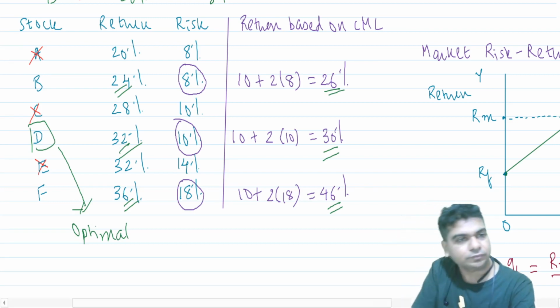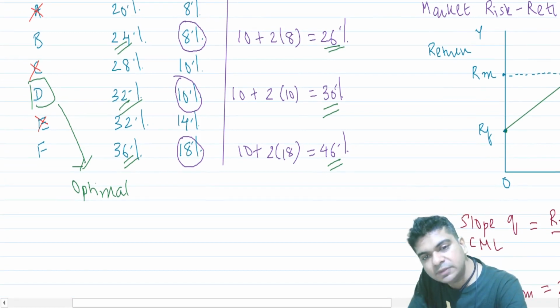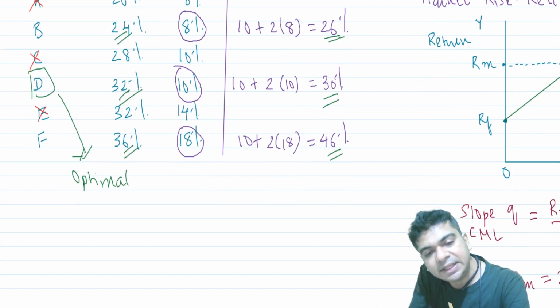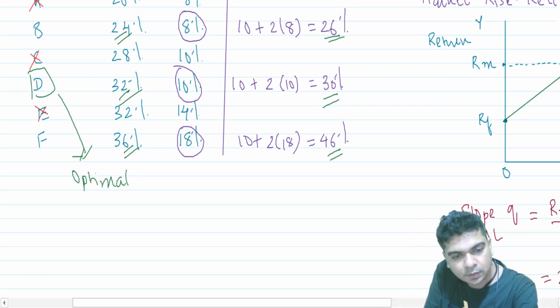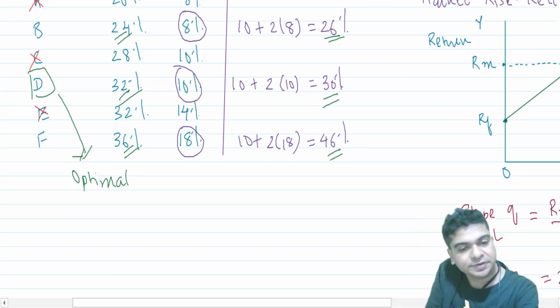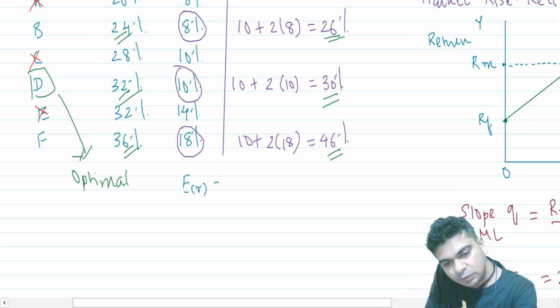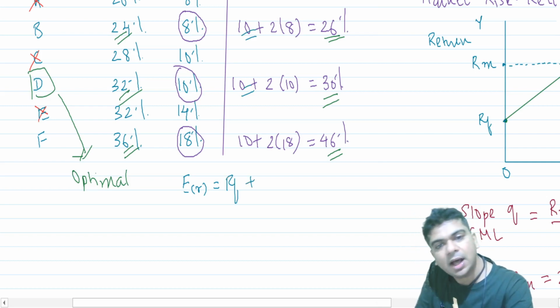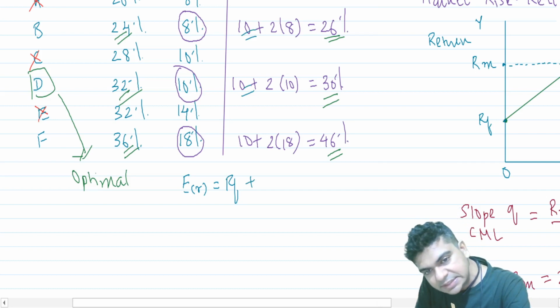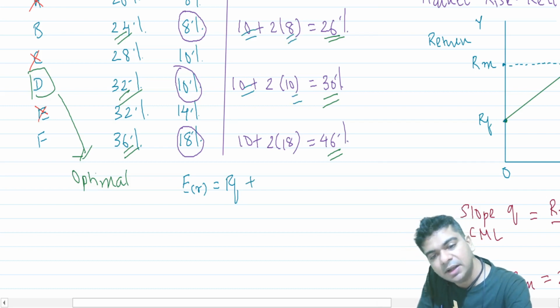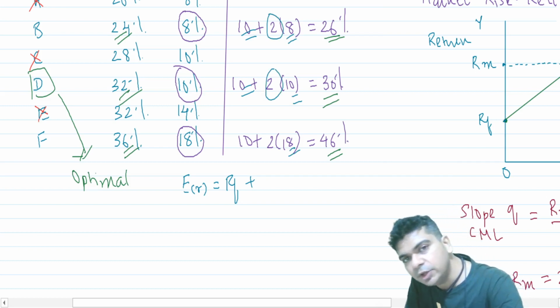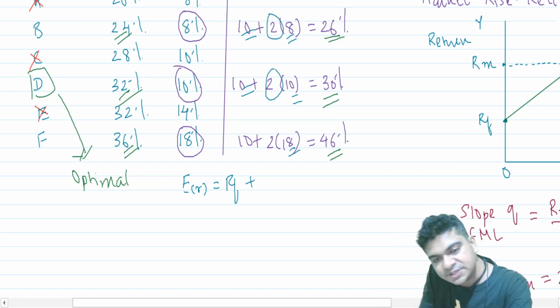That is, in a nutshell, the Harry Markowitz model. One more thing. Based on these calculations that you have done, you can design the entire formula for efficient securities. See, ER equals 10 plus 2 into 8. This 10 is nothing but RF, right? This 8 is nothing but the risk which I'm multiplying by 2. 2 is nothing but the slope of CML.